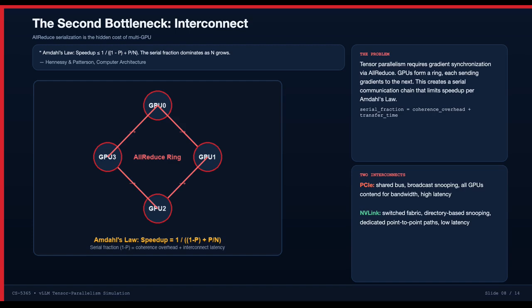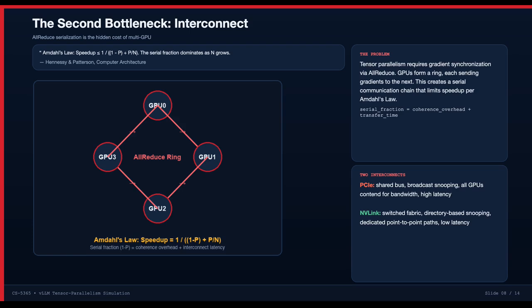When you have GPUs set up in a ring where there's a direct connect between each GPU, you avoid the setup of a PCI Express bus where all of the traffic is limited to a single bus.